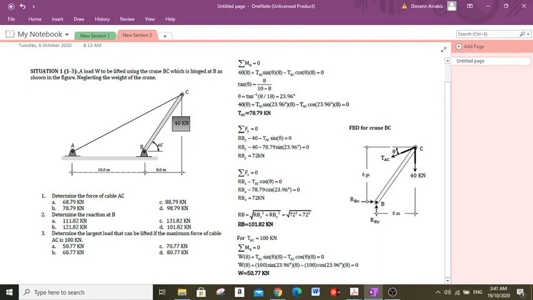So we will start with solving the tension.